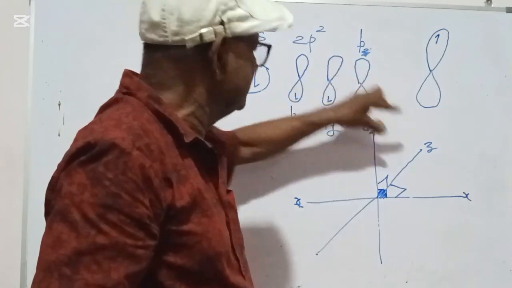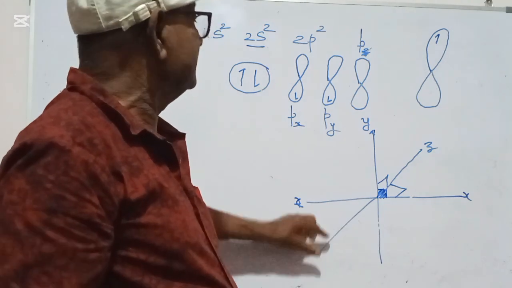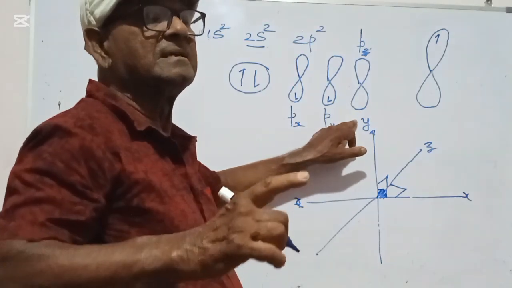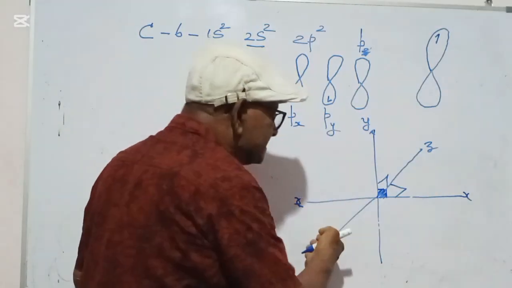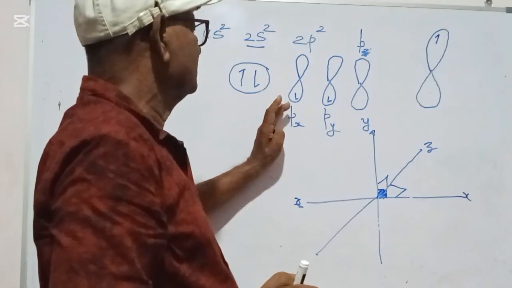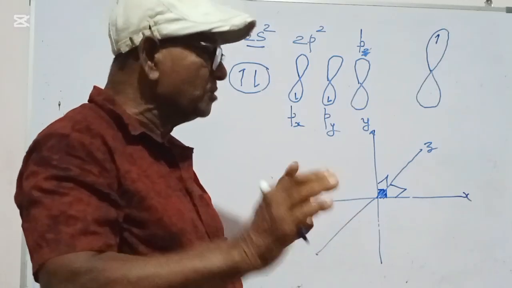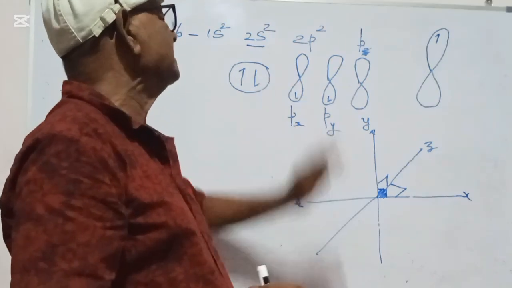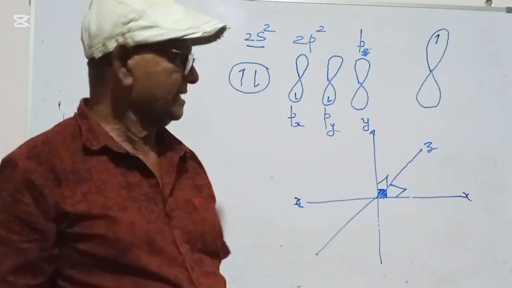This orbital lies along the z axis. Then these three dumbbell shaped p orbitals exist perpendicular to each other in the three axes x, y and z. You must know that. But for easiness, we can draw like this. Is it clear? Right.